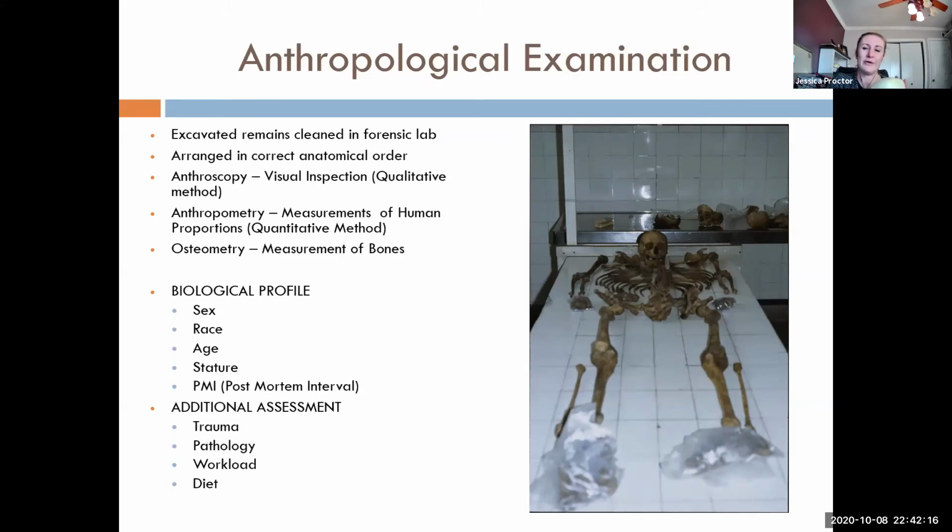Biological profile. So if you had this skeleton laid out in your lab as a forensic anthropologist, once you have the bones cleaned and arranged in anatomical order, one of your first priorities is to develop a biological profile. So you want to determine, are you looking at a male or a female? And sorry here, we should erase race, that's an old term. Instead of race there, pretend that says ancestry. Ancestry, but again, that's difficult to determine.